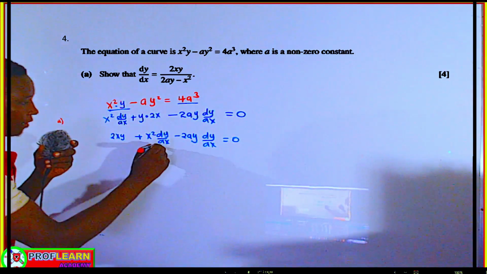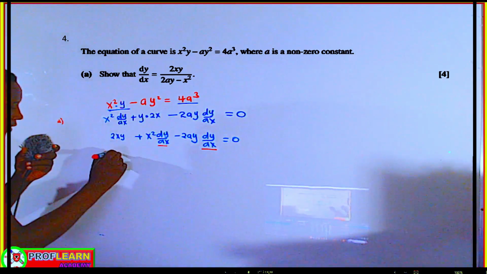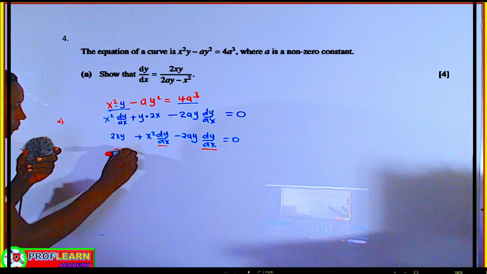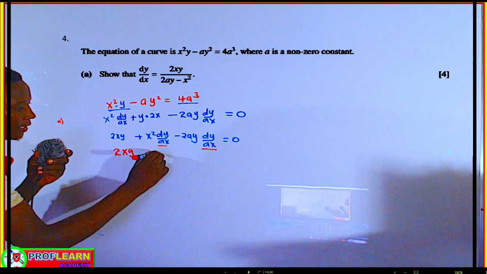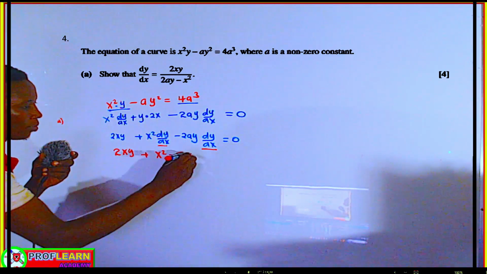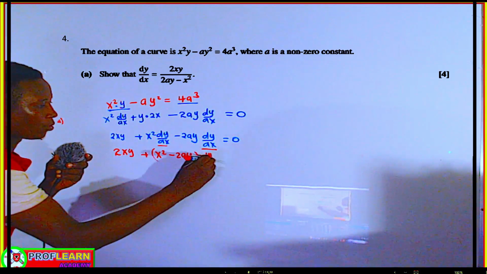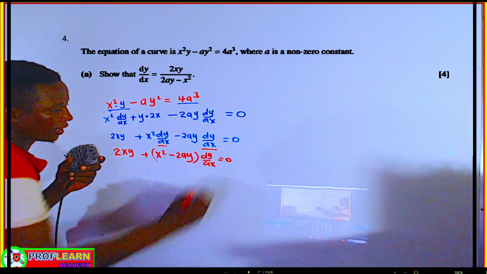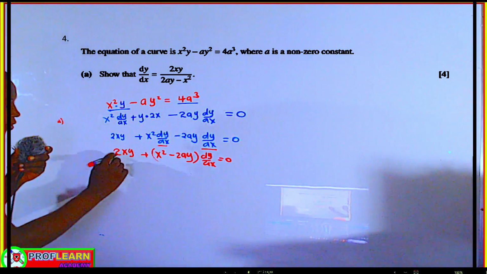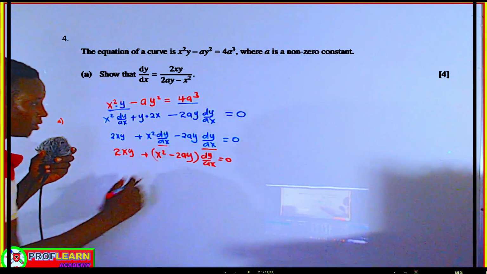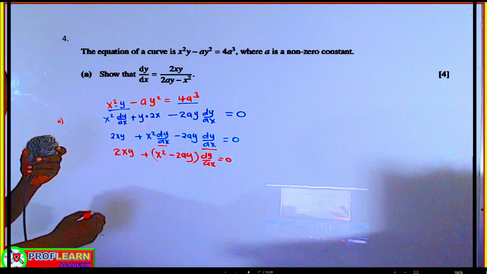Since we have dy dx, we can factor it out: x squared minus 2ay, times dy dx, is equal to minus 2xy. We take this term to the other side of the equal sign.